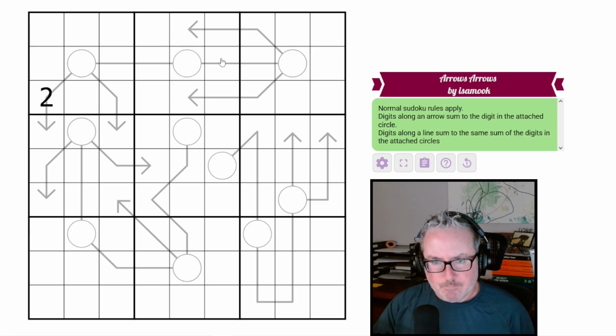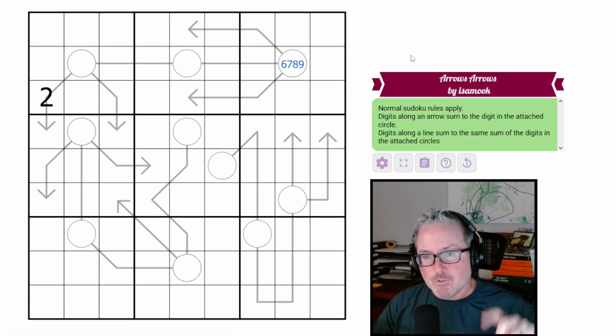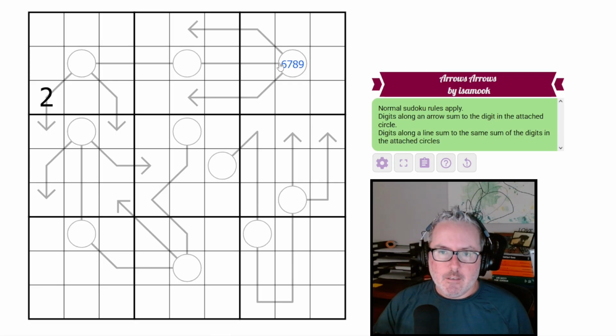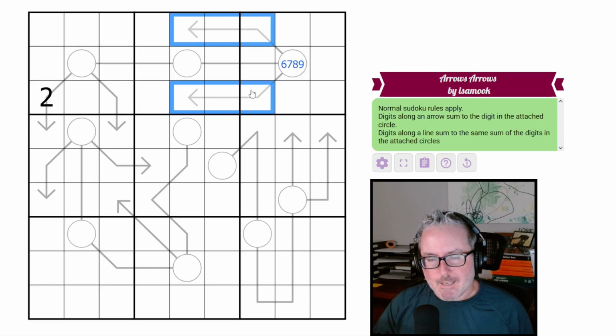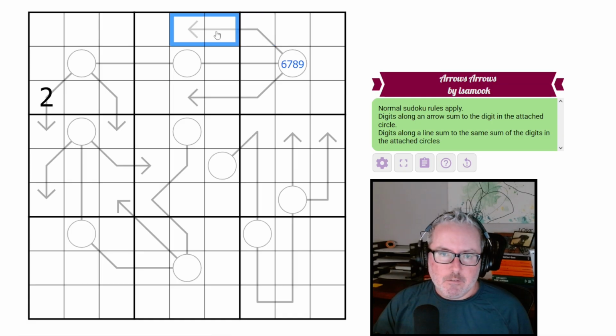Now, we're going to be able to figure some things out about some of these. I'm going to start here just because it's where I was looking. There's probably some other things you could do. These guys have to be a minimum of 6, 7s, 8s, or 9s, but I think we can filter that down a little further. There's no way these can both add to 6, because if these are a 1-2 pair, how do you put 1 and 2 on this line?